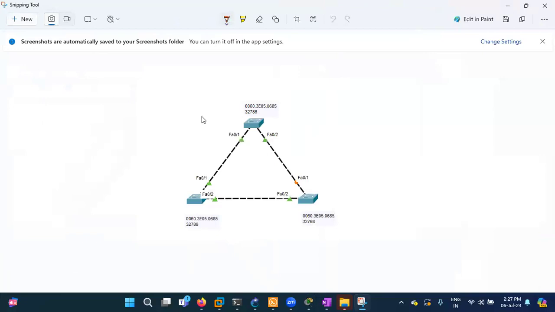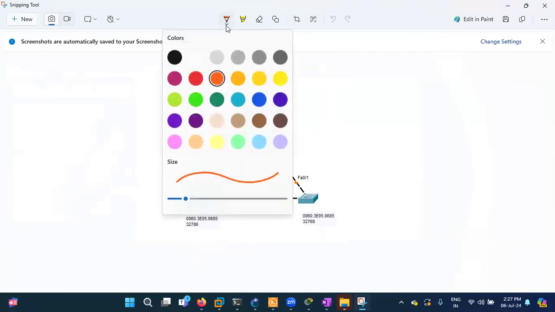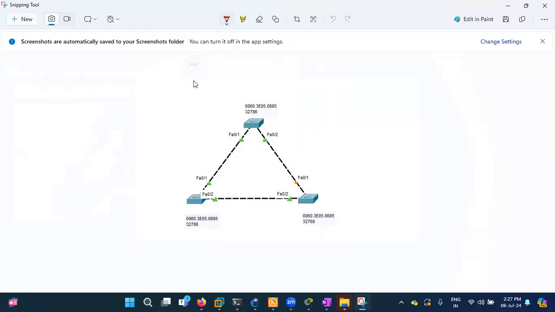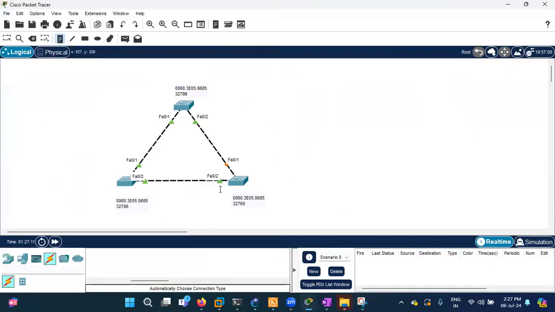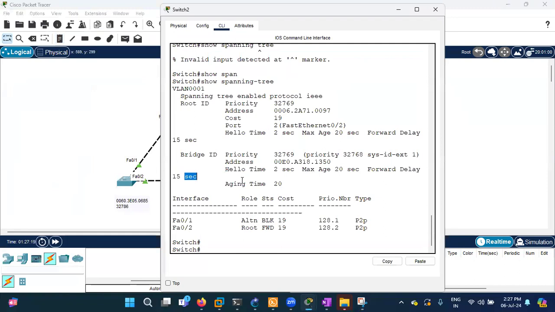Okay, never mind. Tell me. The MAC address of the switches is the same. Check it again. My bad. Allow me one moment. Yes, it's not the same, I copied it wrongly. Give me one moment. Let me copy back. Sorry.